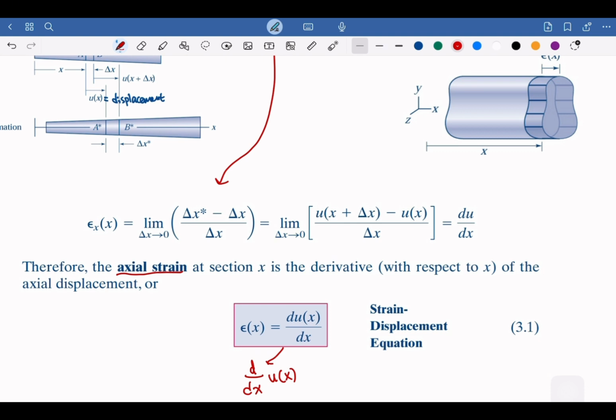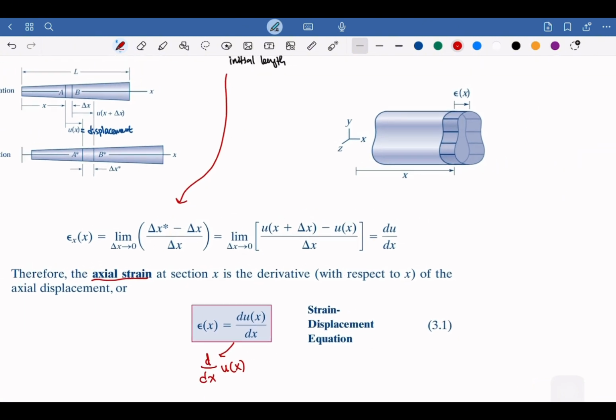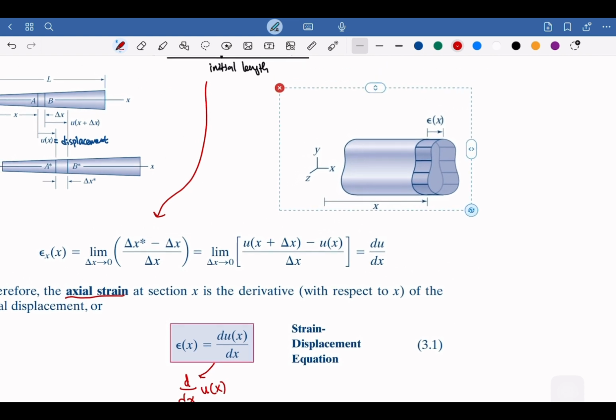And if we want to emphasize the strain displacement equation, we could also observe the distributions, as in this picture. So this will be the axial strain distribution.